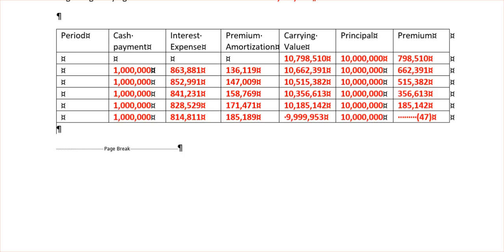If we used the straight line method, we would be taking this premium of $798,510, we would divide it by 5, and we would record the amortization part of interest expense in the same amounts in this column. We're not doing that, are we?